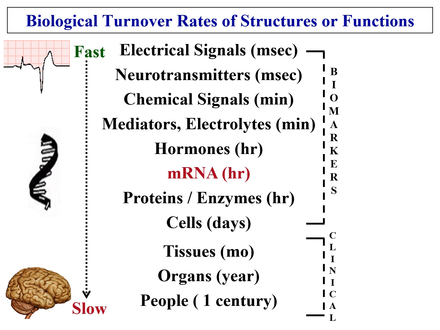The third pillar of PK/PD modeling is turnover. So when we consider turnover, we can look at various body processes and see different rates of turnover. So some of the fastest turnover rates are electrical signals and EEGs.